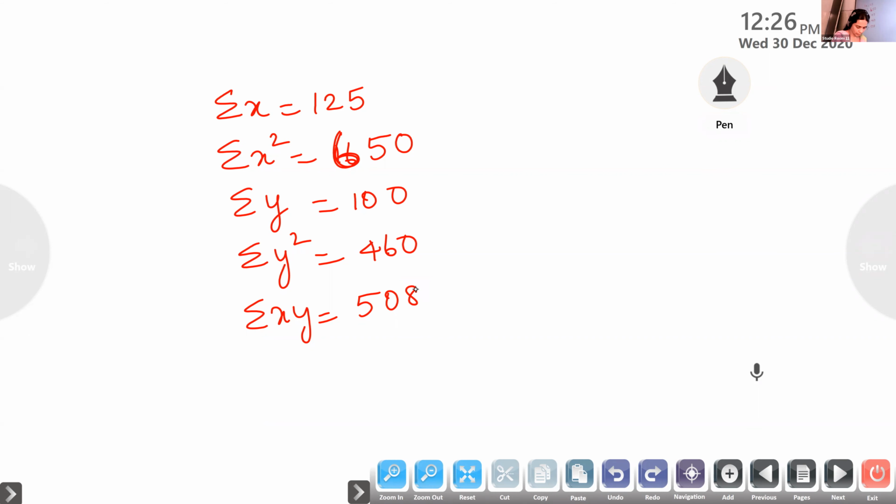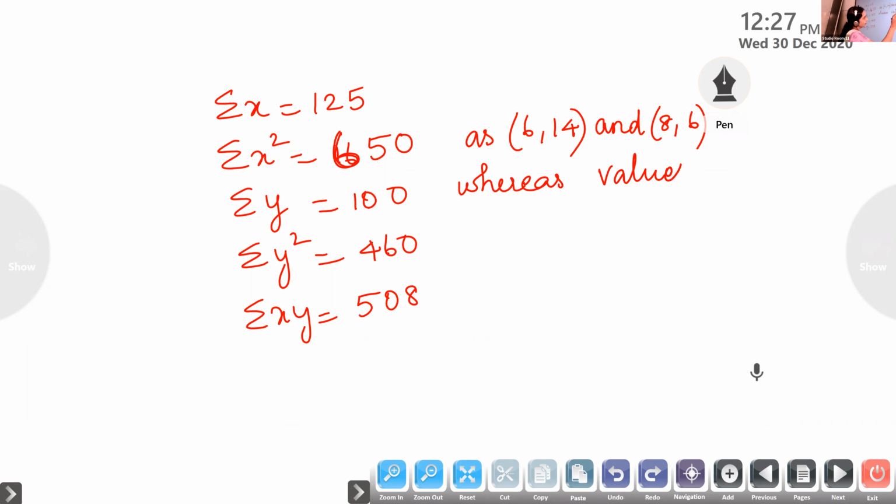On rechecking, it was found that he had wrongly copied two pairs as 6,14 and 8,6, whereas the values were 8,12 and 6,8.